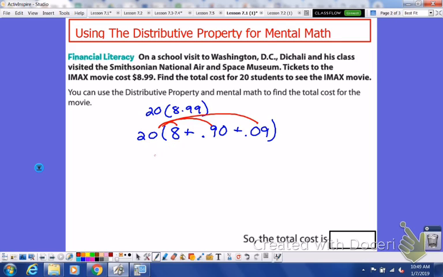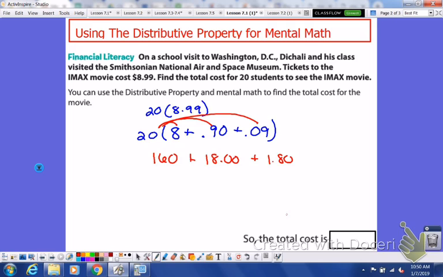20 times 8. You're not told that we have to do that write-out step on this problem, so we can go ahead and just start distributing. 20 times 8 gives us 160, plus 20 times 0.9 gives us 18. I'm going to go ahead and put my decimal in this one. And 20 times 0.09 is $1.80.